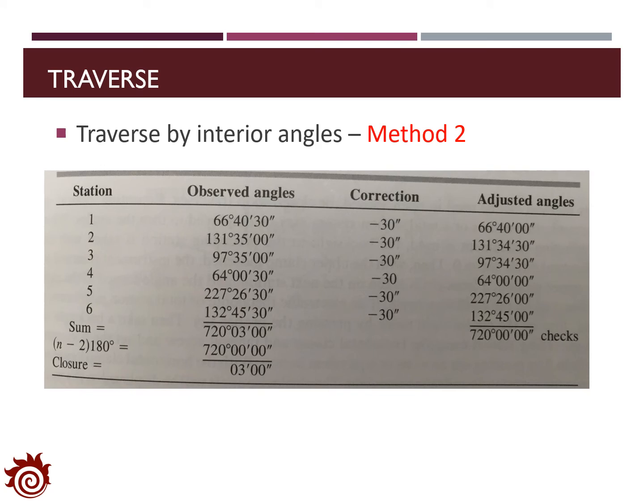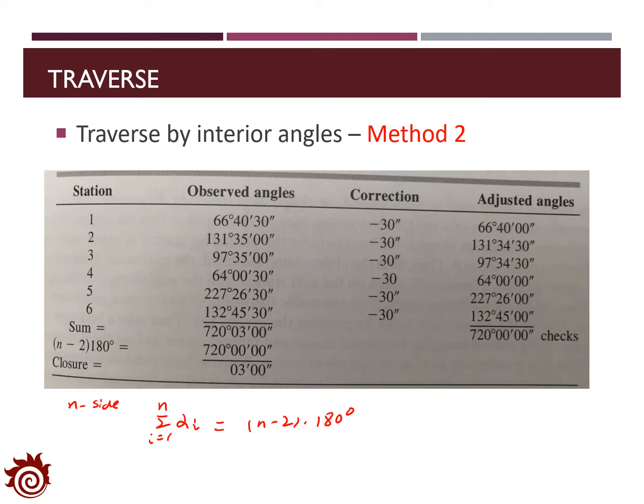First, we know that for the inside polygon, the summation of all the interior angles will be m-2 times 180 degrees. We know the interior angle for all the 6 points in the polygon.